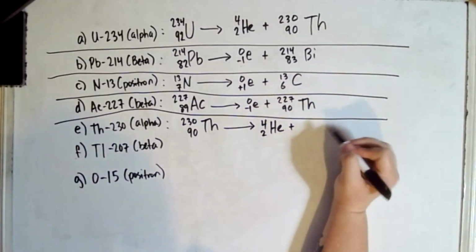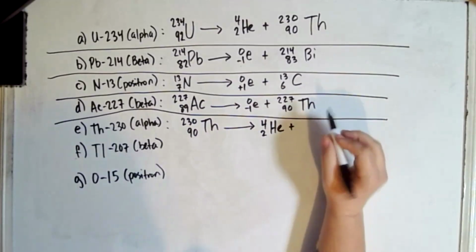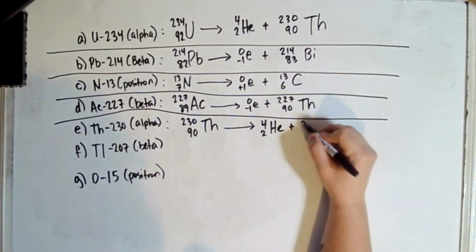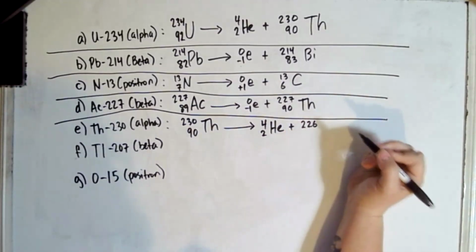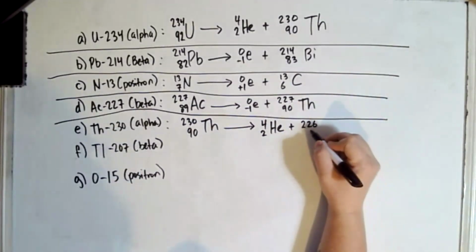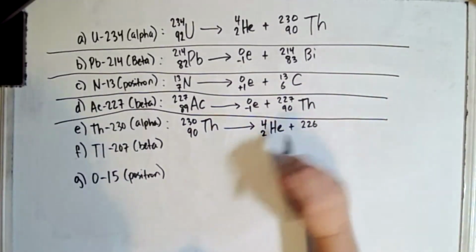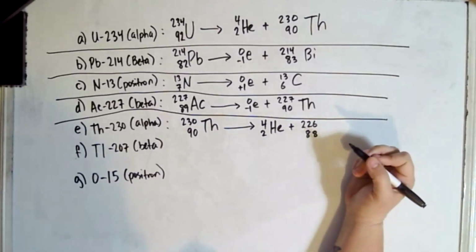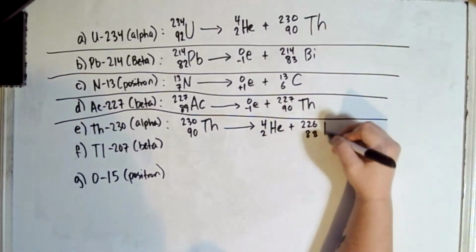That means its daughter nucleus is going to have 230 minus 4, which is 226, as its mass number. And its atomic number is going to be 90 minus 2, which is 88, which gives us radium.